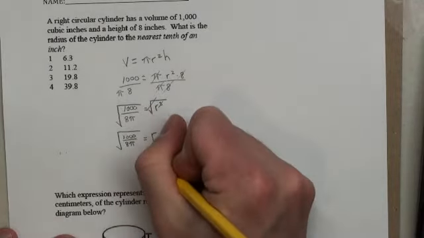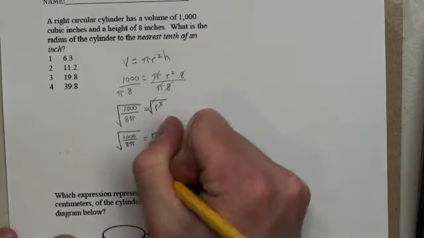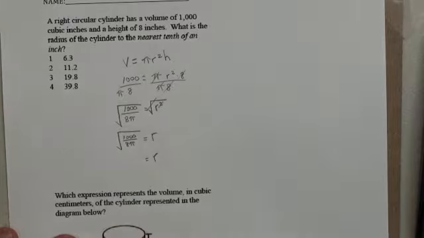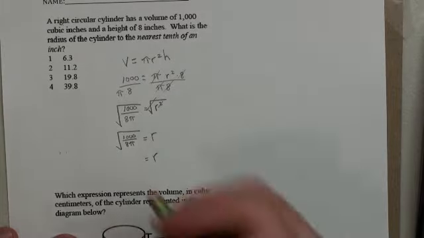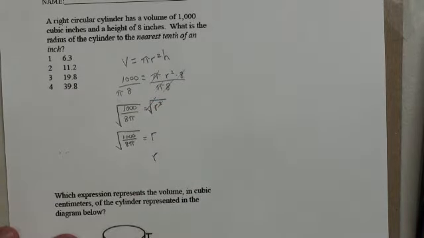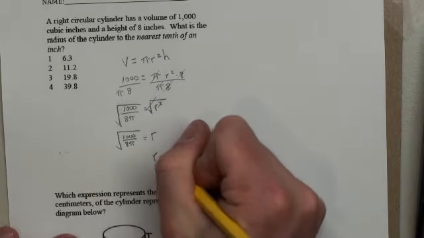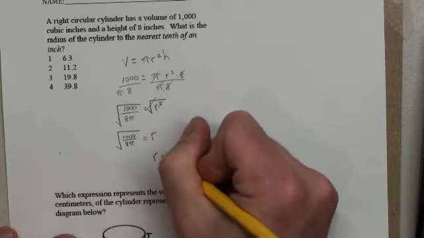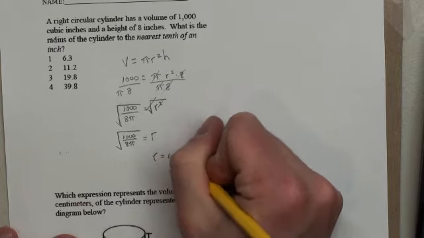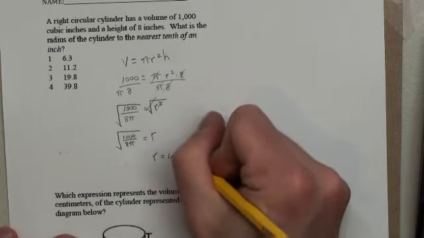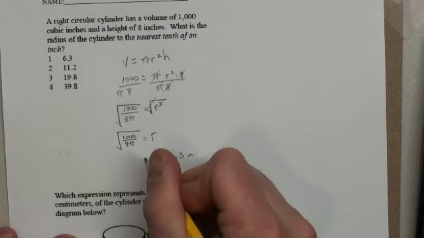So r equals, well, let's put it on the other side because it doesn't matter, right? At this point in our math career, we should understand that we can change the place of the equal sign anytime we want. So r equals 6.3 inches.